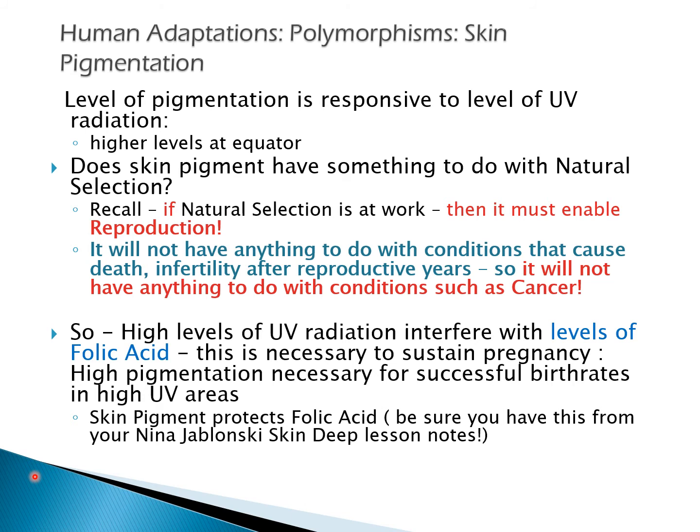Maybe they were going to get skin cancer later on in life, but they would have had at least a decade or 2 decades in order to pass on those gametes. But why did males end up with deeply pigmented skin? Because they are the children of the genetic donors, the moms, who had to have the deeply pigmented skin. Nina Jablonski talks about folic acid in the Skin Deep lessons in Canvas, so no problem with you being able to keep on going with that.